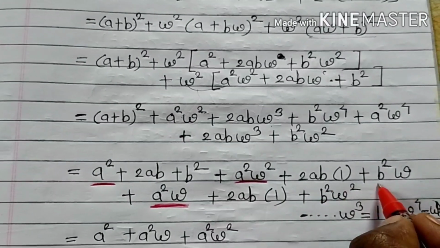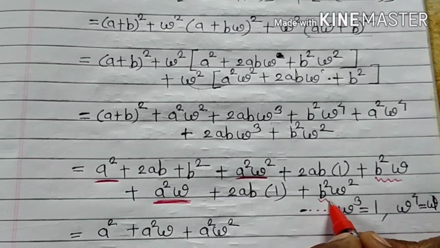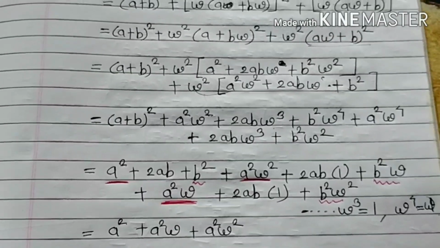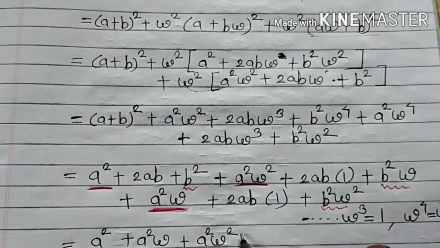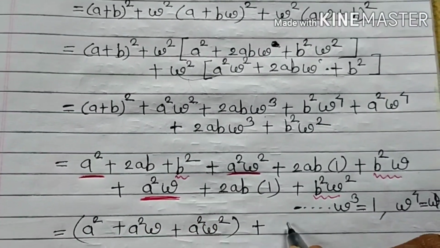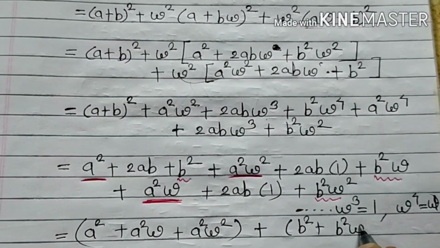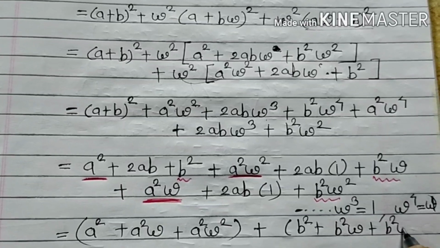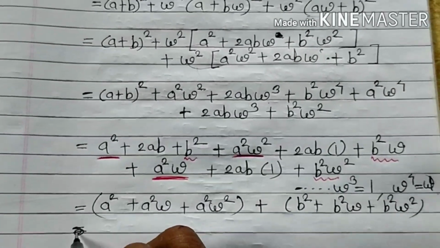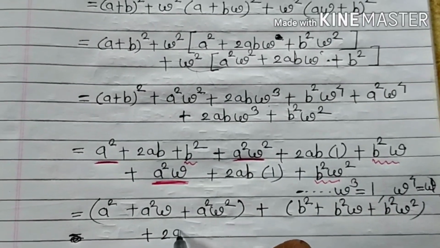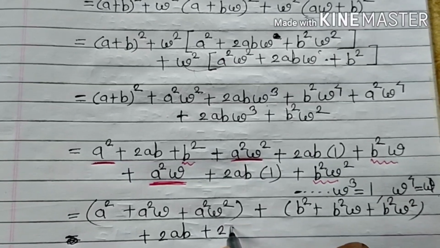Now next term b square omega and this b square in one side plus b square omega plus b square omega square, and remaining terms 2ab plus 2ab.